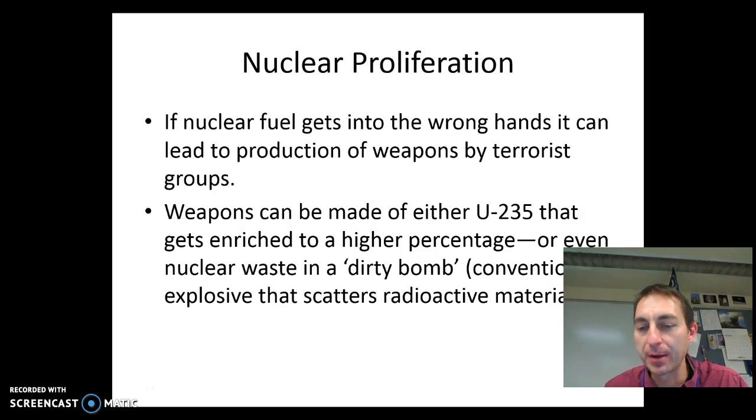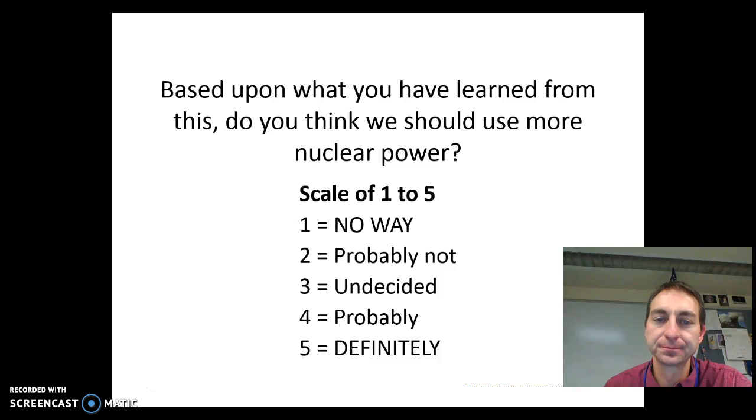People also talk about how you could just take the nuclear waste and make a dirty bomb, where you just have an explosion that scatters radioactive material, and then people would probably react to something like that in fear. So those are some of the concerns that we have regarding nuclear power and its proliferation.